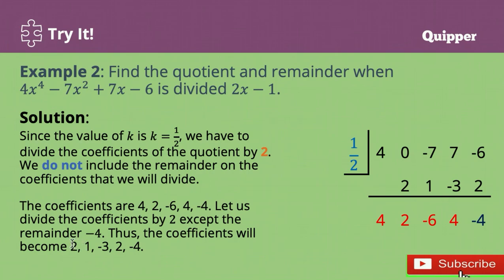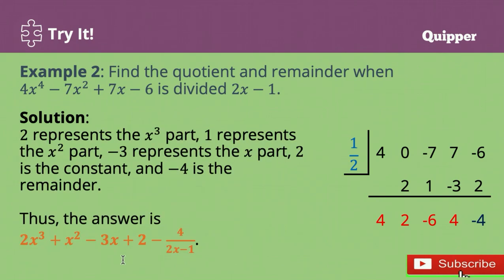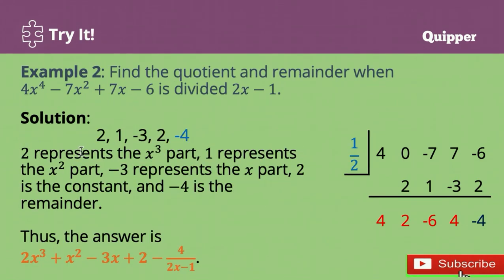Then this is our new set of numerical coefficients, and we will be using these in adding the variables. This 2 represents the cubic part, and 1 represents the quadratic part. Negative 3 represents the linear part, and 2 represents the constant, and negative 4 is the remainder.